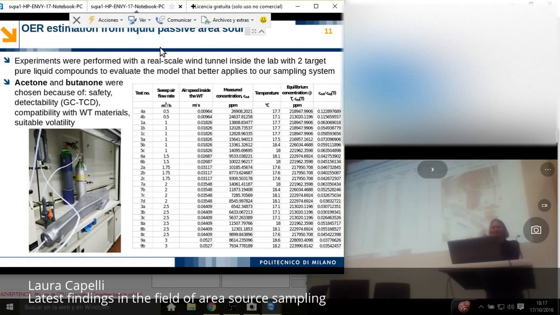So you have to find a way to do something similar, like flying across the plume, for example. So finally, indirect methods in some cases may entail quite a lot of problems. Okay, thank you, Laura.